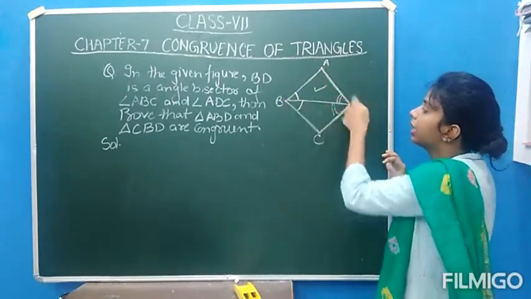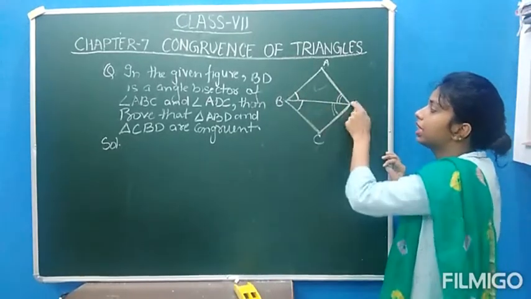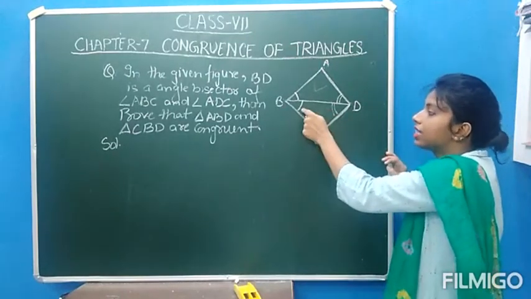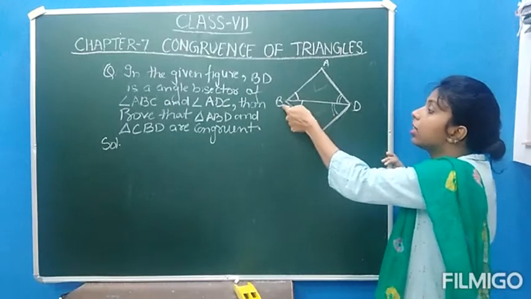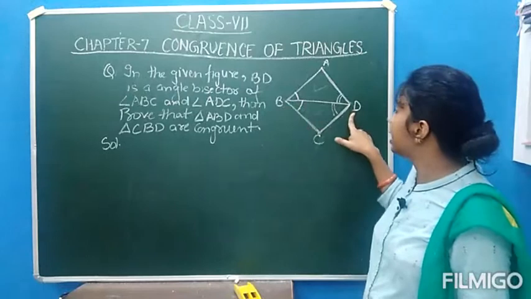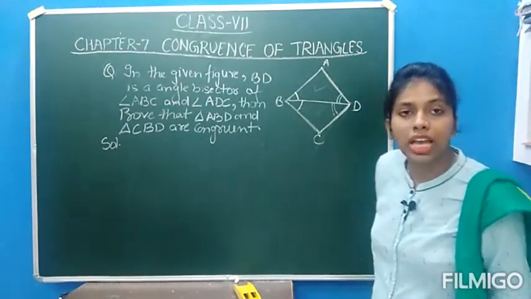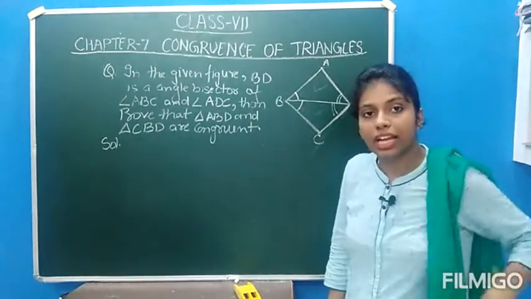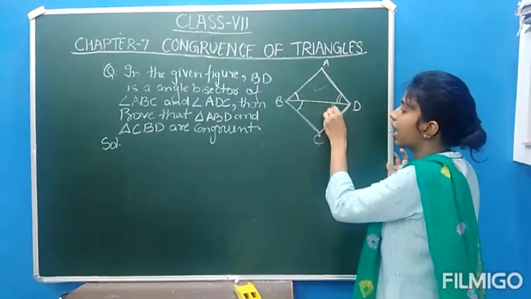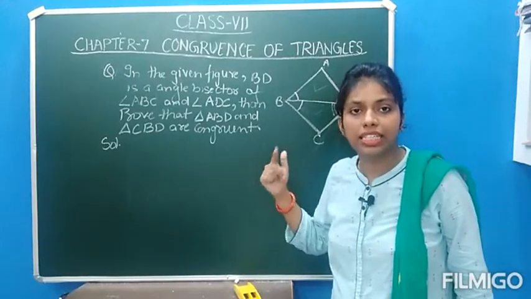For triangle ABD, these two angles are equal, so the side between them is BD. Similarly for triangle CBD, these two angles are equal, so the side between them is BD. So this BD side is common to both triangles, which means of course they are going to be equal. So we have angle side angle, and we can use the criteria angle side angle, A as A.